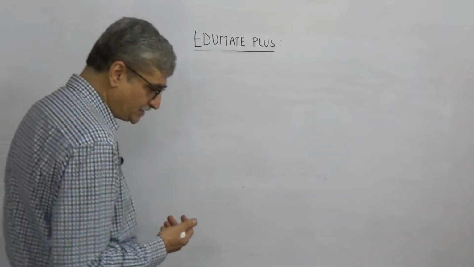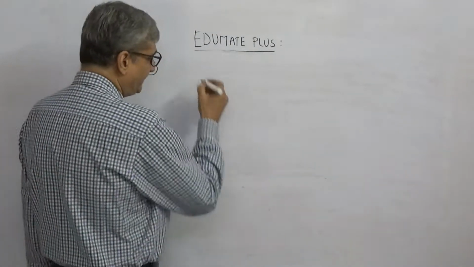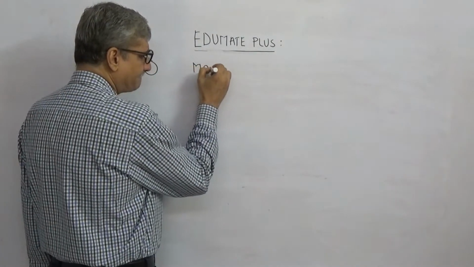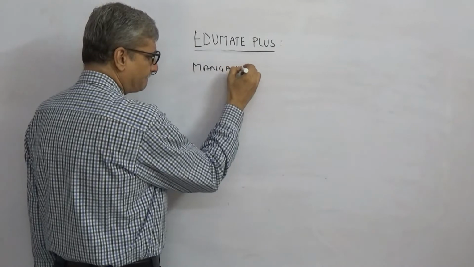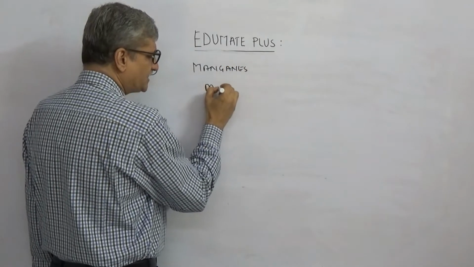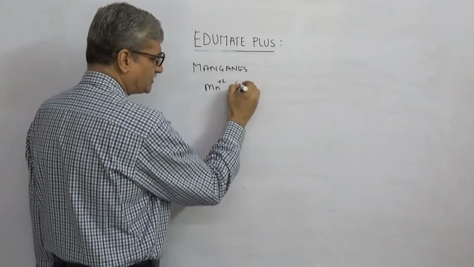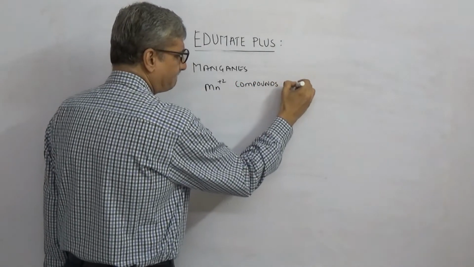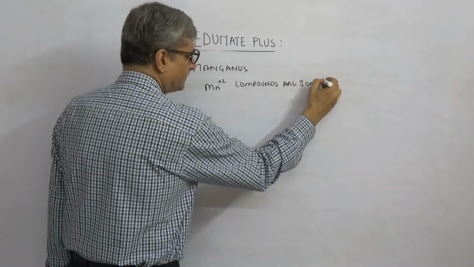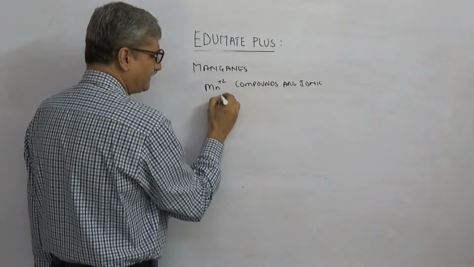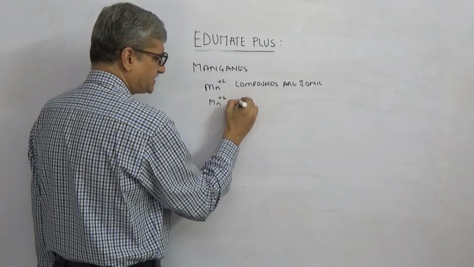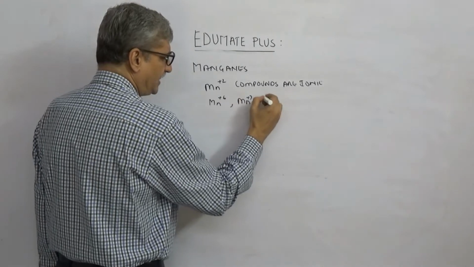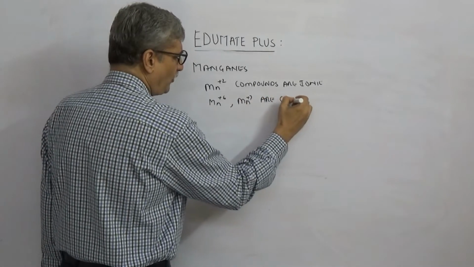So the next question is on manganese. See, the lower oxidation state Mn plus 2 compounds are ionic, whereas Mn plus 7 and plus 6 compounds are covalent.